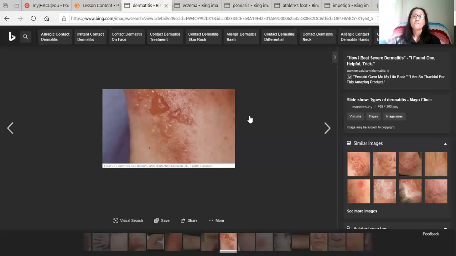Some people have allergies to nickel or cheap metal that people use for earrings that can cause dermatitis around the ear. So again, dermatitis just means inflammation of the skin and can be caused by all kinds of things.